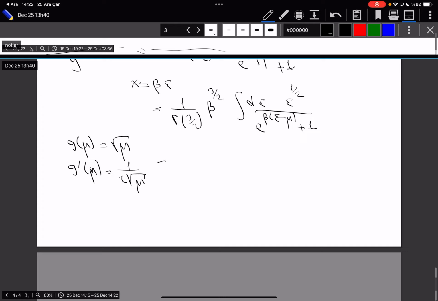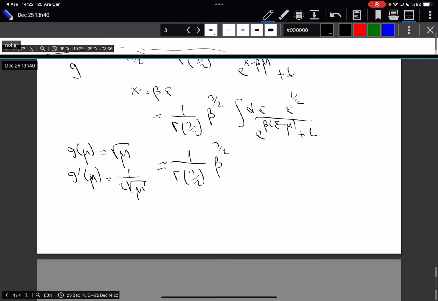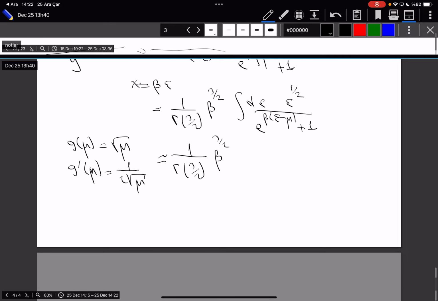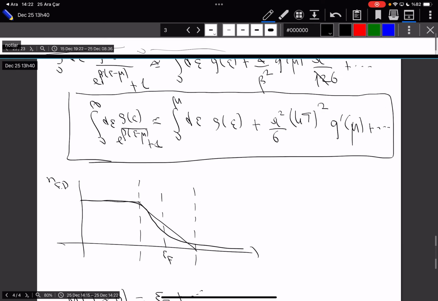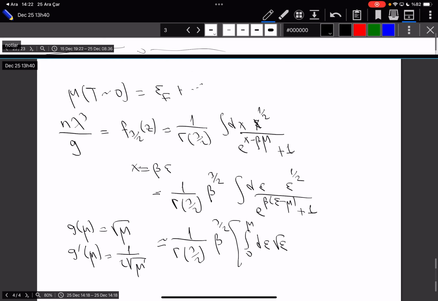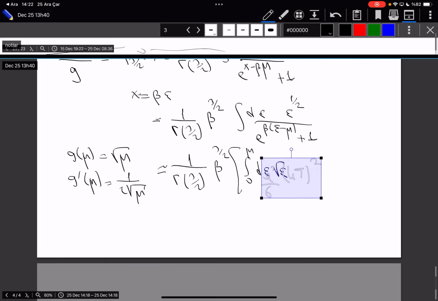This is approximately equal to 1 over gamma 3 over 2 beta to the power 3 over 2, times the integral from 0 to mu of d epsilon square root of epsilon, plus this term with g prime of mu, which is 1 over 2 square root of mu.